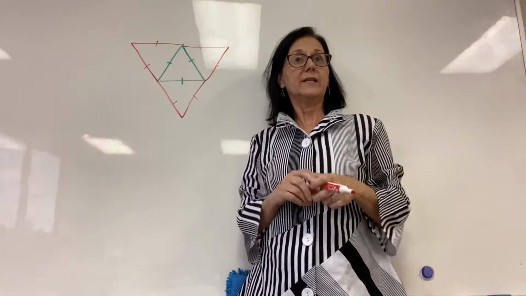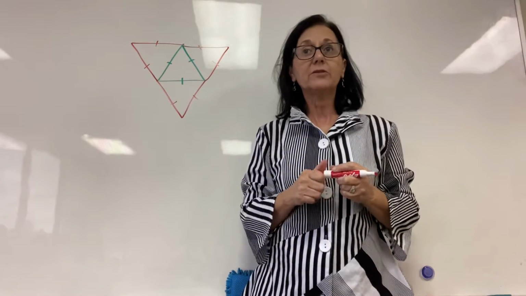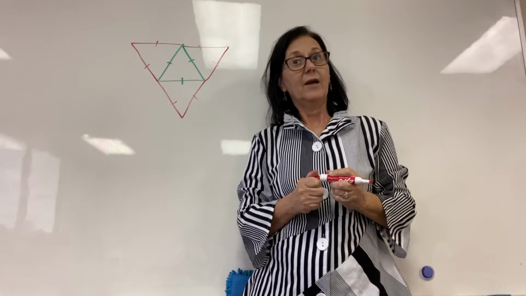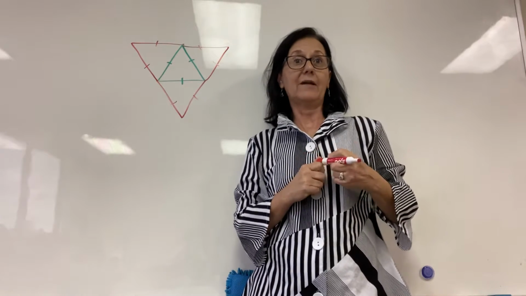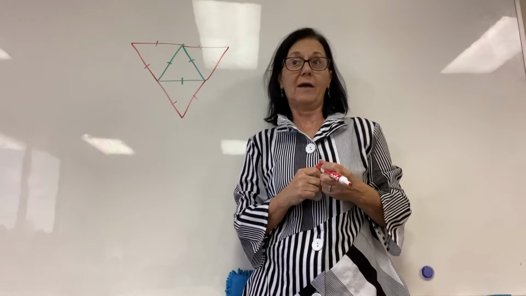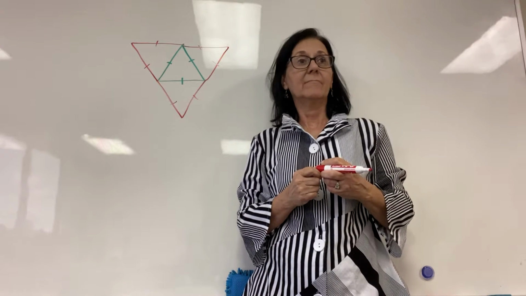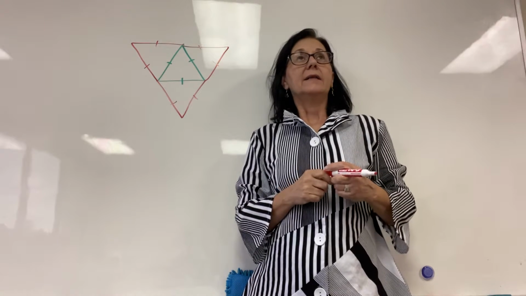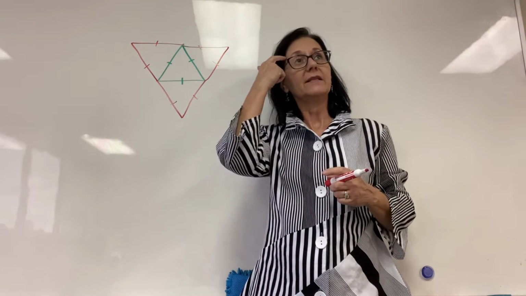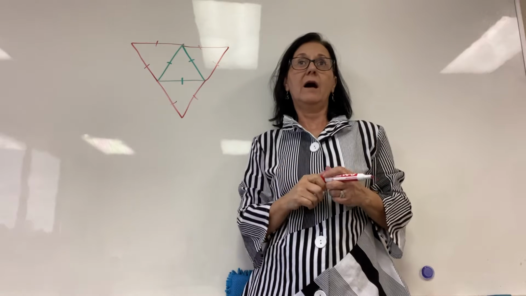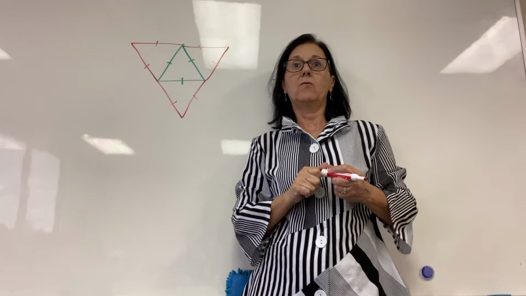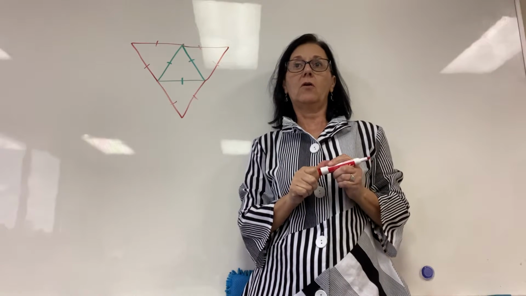Well, what's interesting is then the original triangle is inscribed. We now have a new equilateral triangle that is circumscribed about it, right? And what is the center of a triangle called?